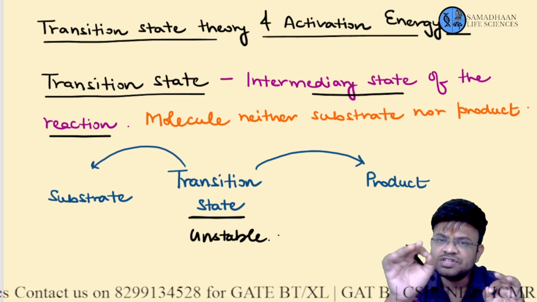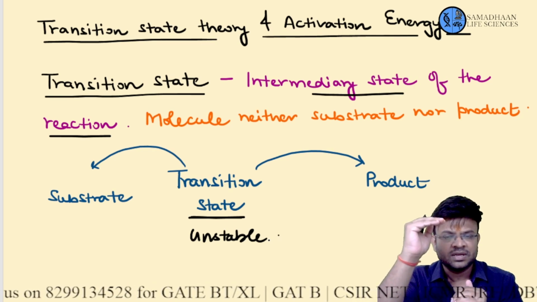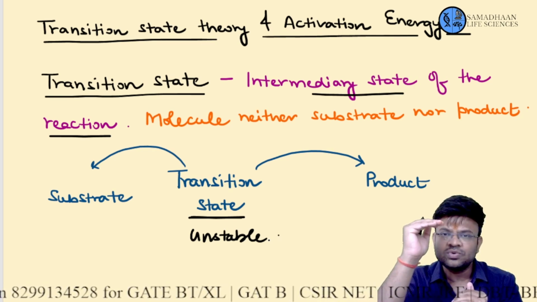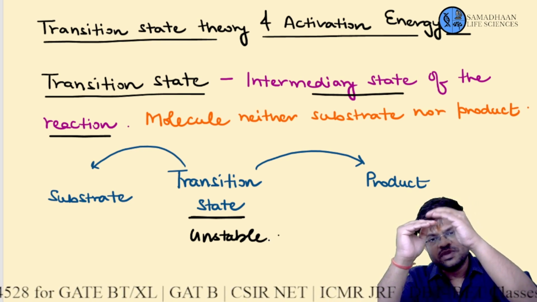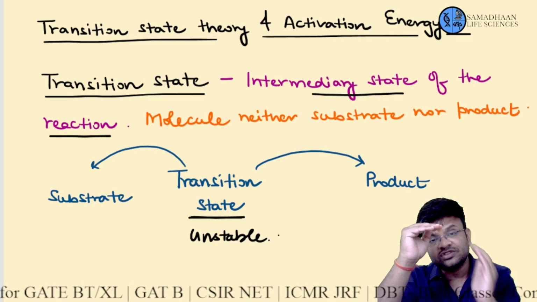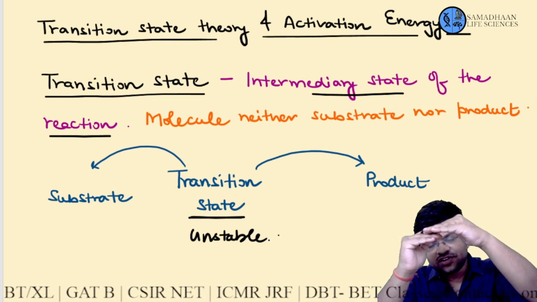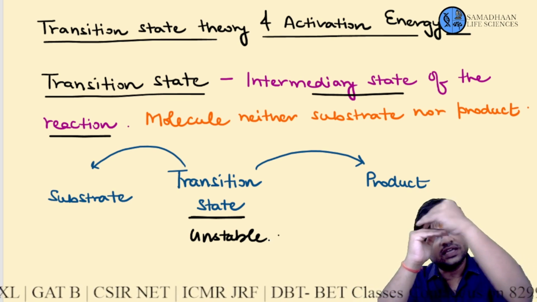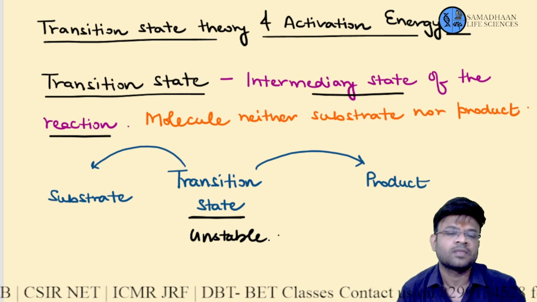So the transition state is the state present at the highest energy, highest delta G value, and only those substrate molecules that have this much energy will be able to reach it. And once they reach the transition state, only then can they form the product. Otherwise, the product will not be formed.